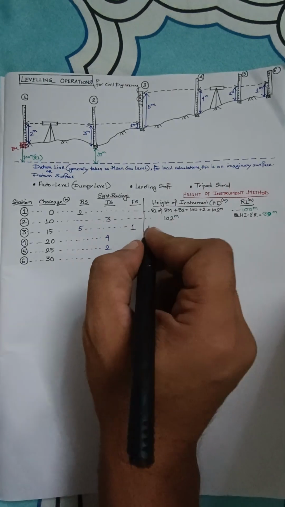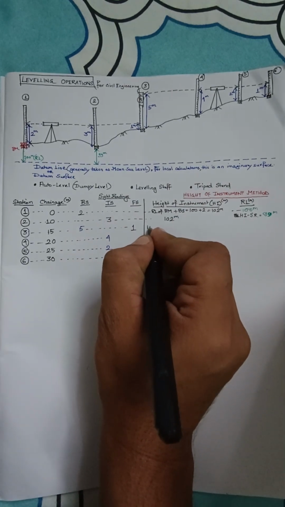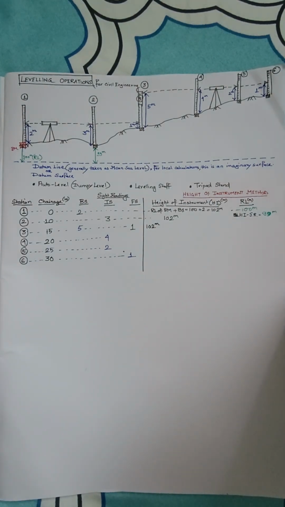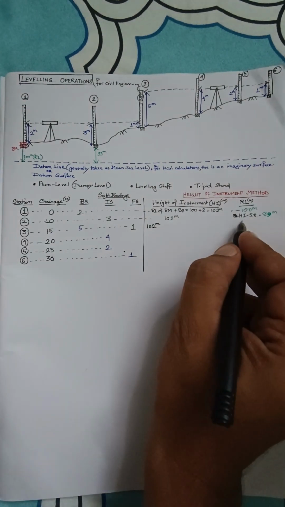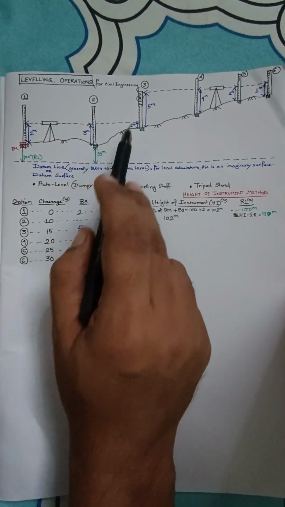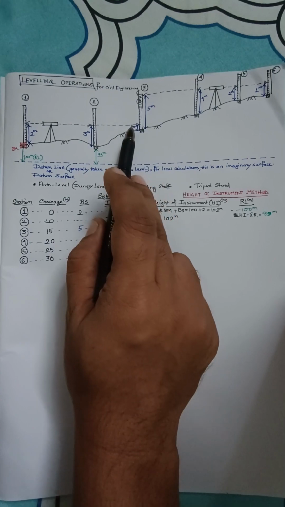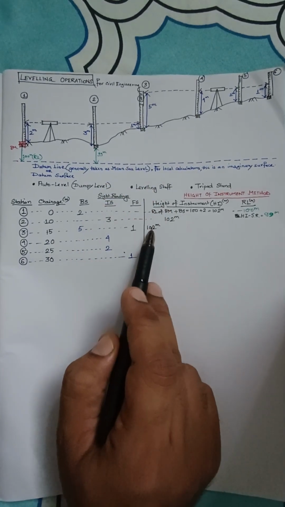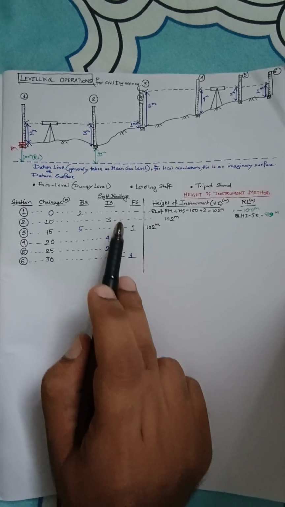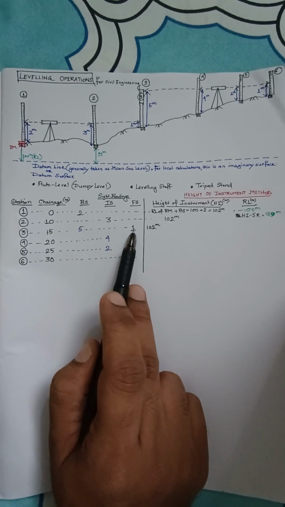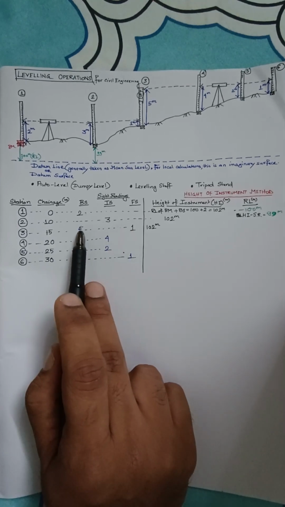So how much is the height of instrument in this case? 102 meter. And how much will be the RL over here? I told you it is this RL, whatever height of instrument you have. What is the height of instrument for this setup? It's again 102 meter minus the sight reading. Now you have two sight readings. I told you once you have to complete this and then you have to move from here.